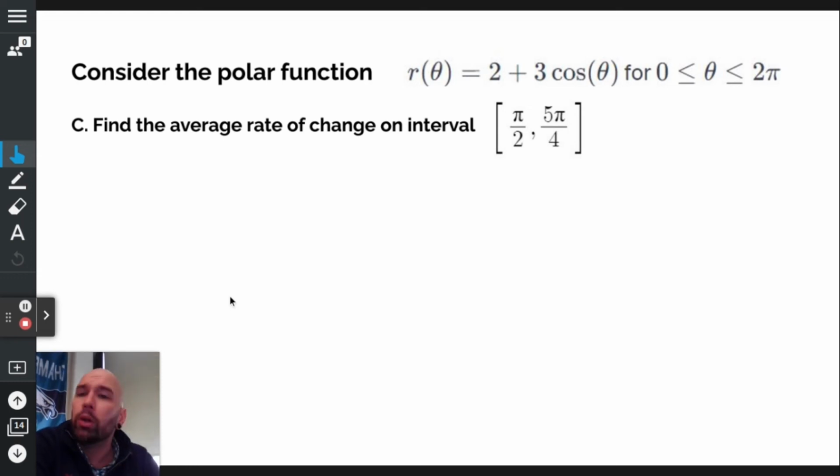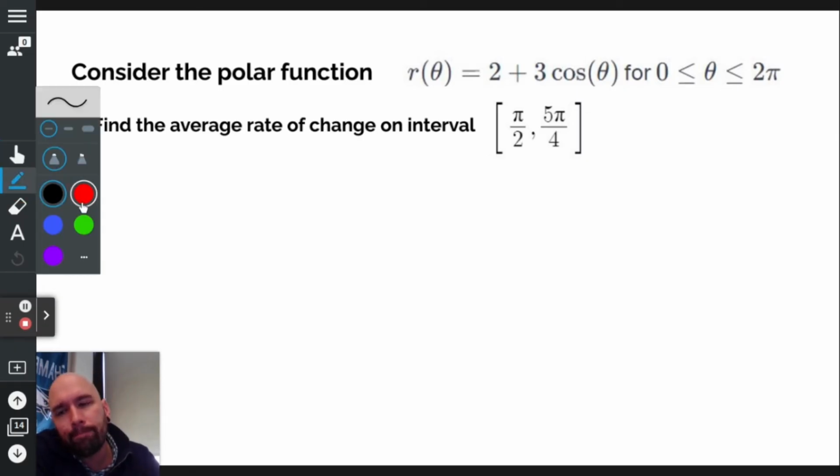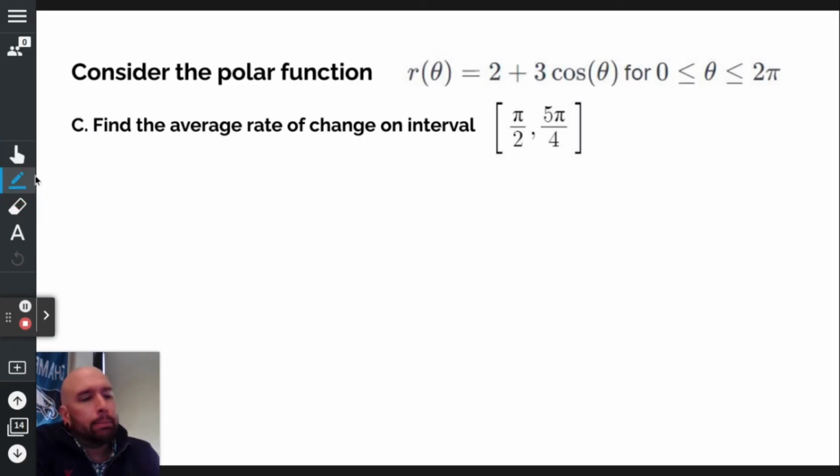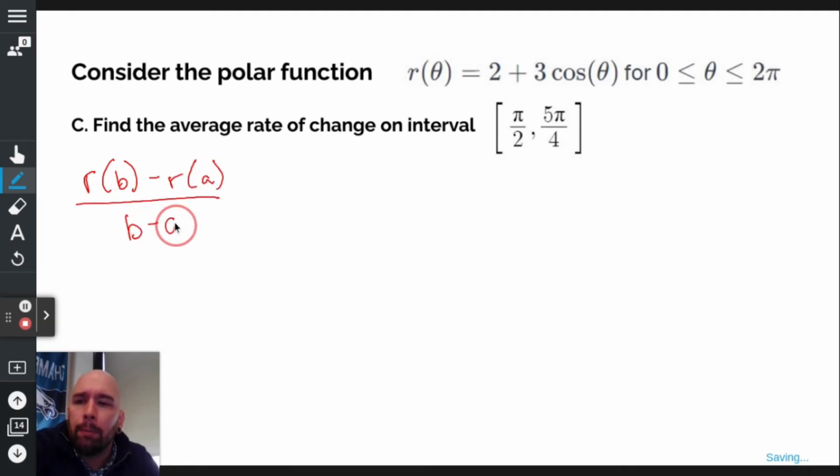But again, we really don't need one. Find the average rate of change on that interval right there. Now, it's going to be ugly, but we don't need a calculator for it. The average rate of change for a polar function is the exact same process as the average rate of change that you saw back in Unit 1. The average rate of change is f of b minus f of a, or r of b minus r of a, over b minus a.